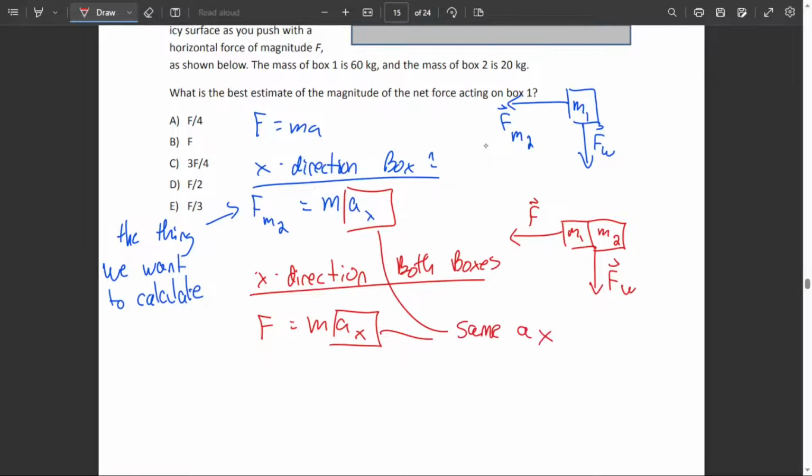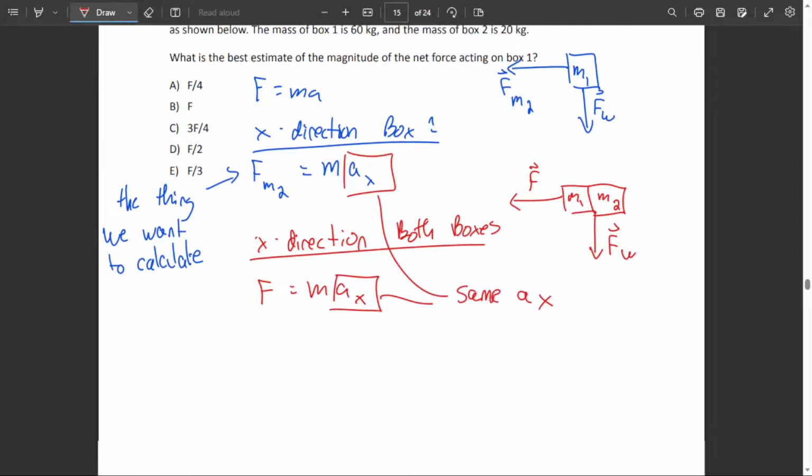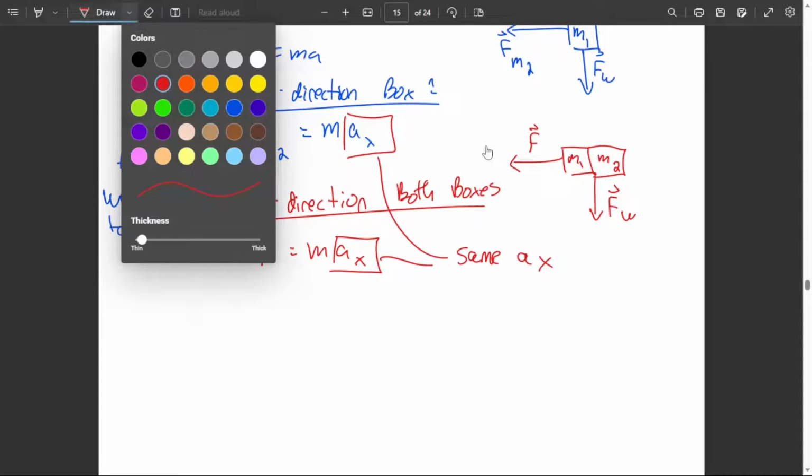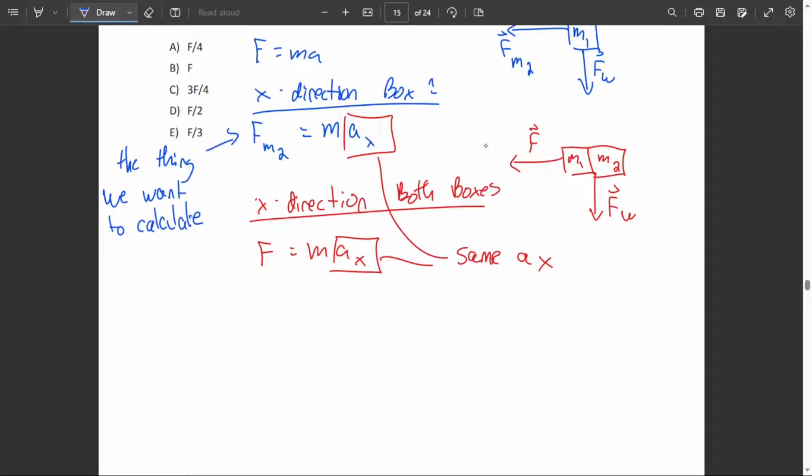And that's the fact that we can use to find F of M2 in terms of F. We need a of x on its own. A of x equals F of M2 over M1. And then we just plug it in.